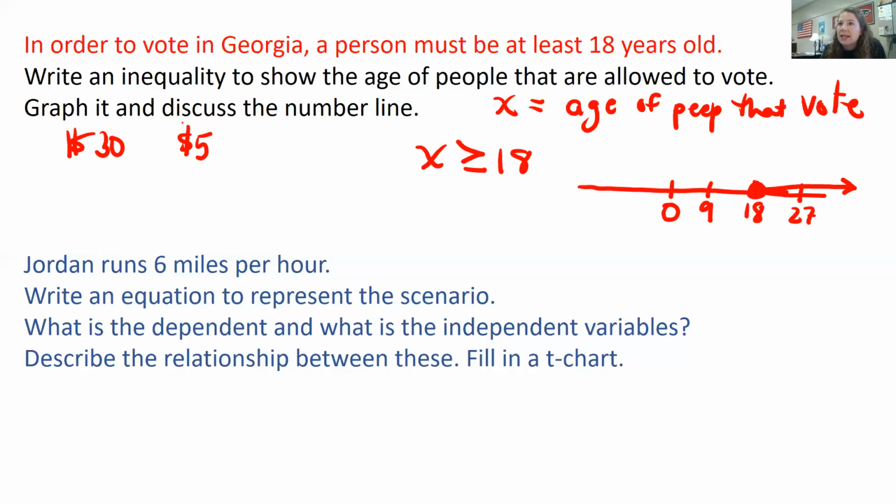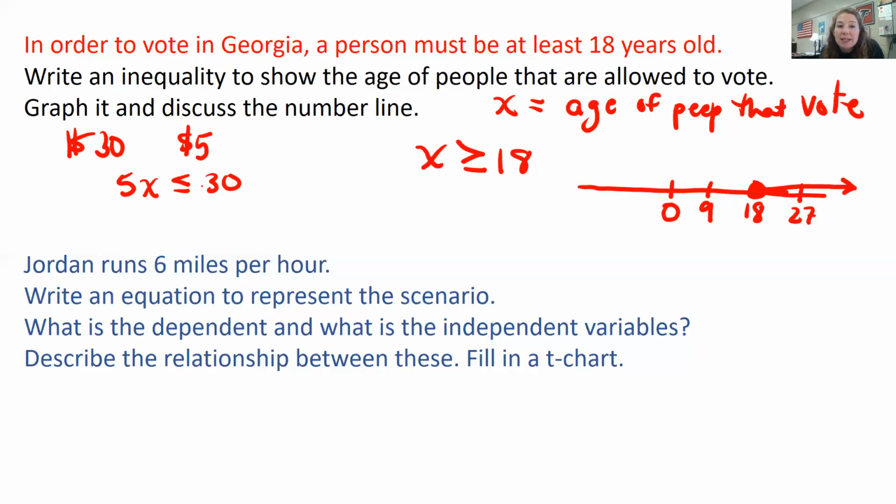I know, really big, right? So if I wanted to buy $5 candy bars, how many could I buy and spend less than or equal to $30, okay?